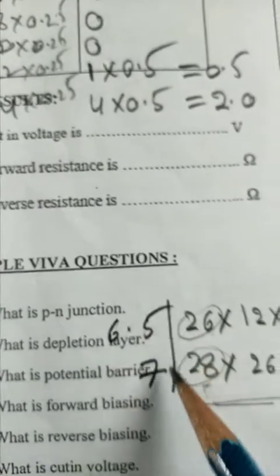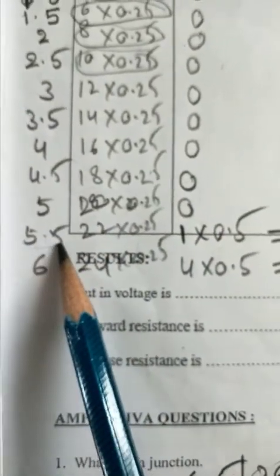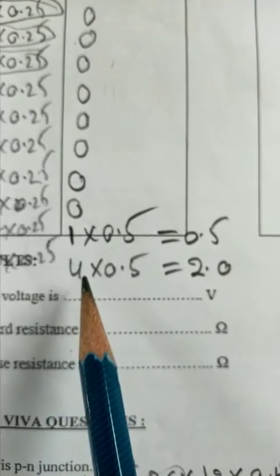And at last I am going to reach 7 value, 6.57. Now the current is going to start here at 5.5. At what is the current value? 1 into 0.5 is 0.5, next 4 into 0.5 is 2, and here 6, 13. Means, can I take out the graph roughly? Okay, I will take out here the graph, voltage versus current. So up to what value?